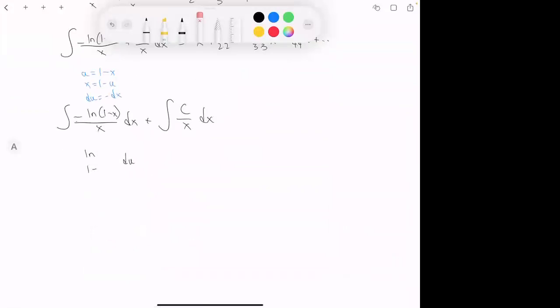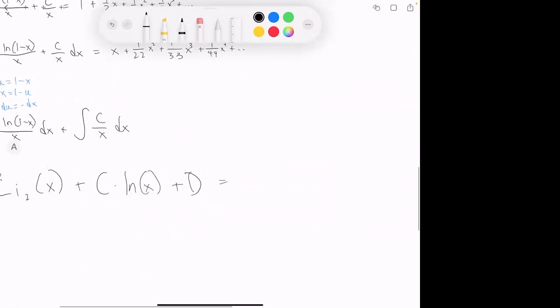Yeah. Well, okay, so I guess this turns out to be this strange function Li2 of x, plus c ln x, plus d, which would equal this series.